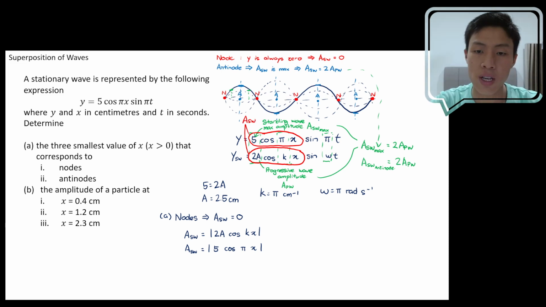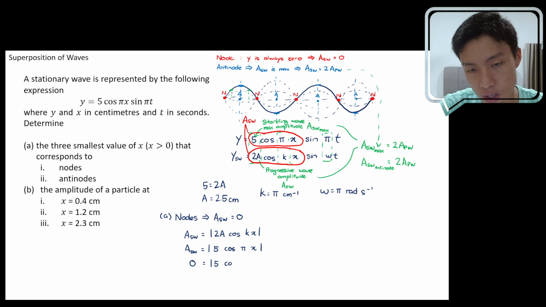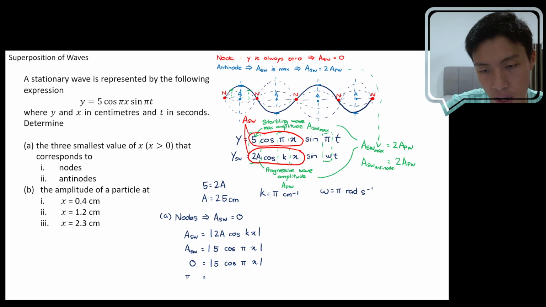Okay, so now if we are clear, we know that this standing wave amplitude should be equal to 0 at the node. So we can substitute 0 to replace the left hand side. So now you have 0 is equal to 5 cos pi x. Okay, so you bring the 5 to the left hand side, take 0 divided by 5, you get 0 as well. So now you can proceed to do inverse cosine.